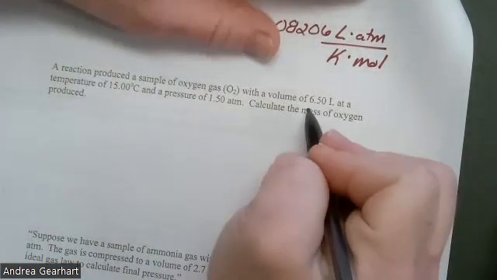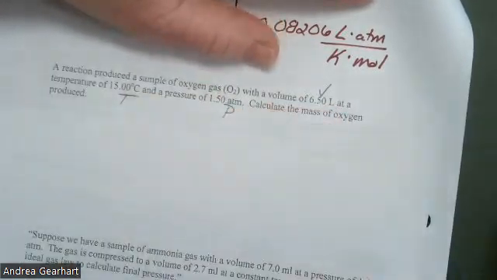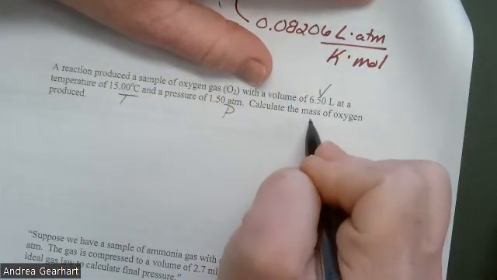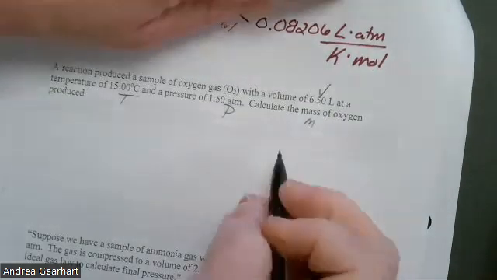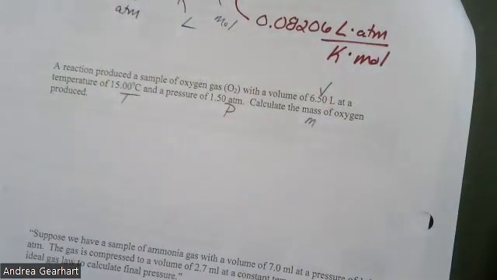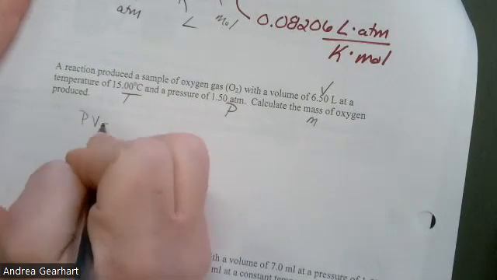Okay, so I'm given a volume, a temperature, and a pressure, and then we're asked for mass. We're not given an initial volume and a final volume, or initial temperature and final temperature. So PV equals nRT.